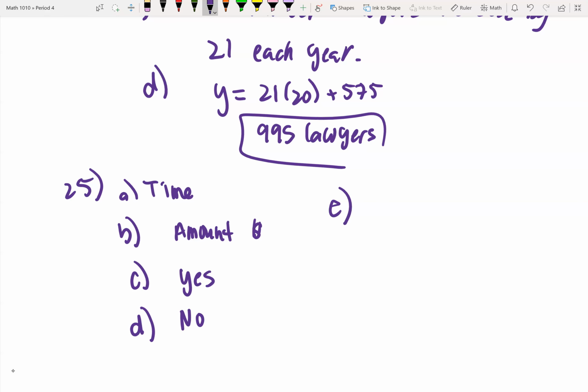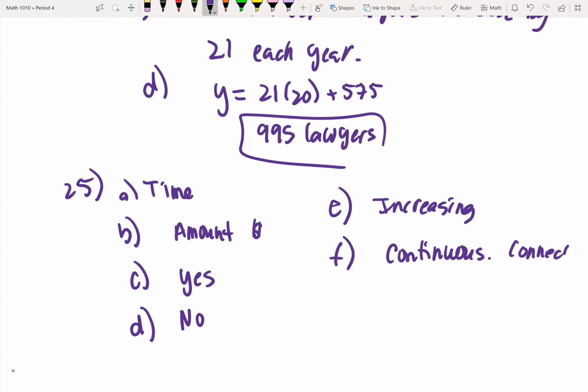E, is it increasing or decreasing? It's increasing, because as you travel from left to right, it goes up. Question F, is it discrete or continuous? It is continuous, because I connected the dots. It's not just a bunch of dots.